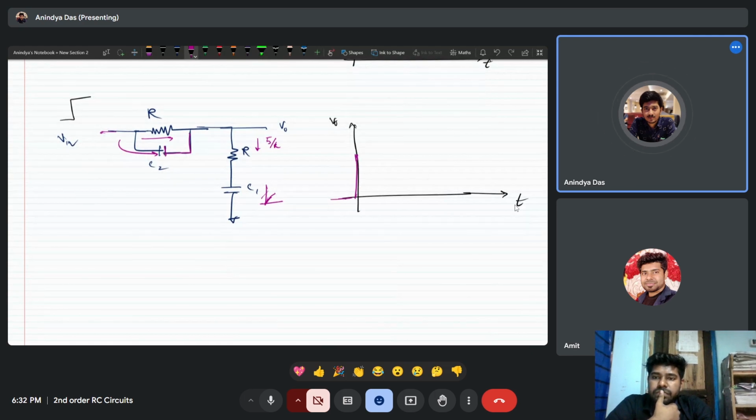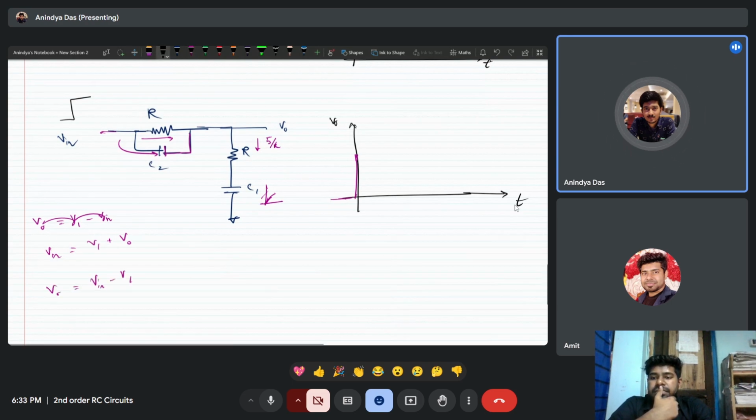We know that the KVL equation has to be satisfied at every time. So V in equal to V1 plus V0, so V0 equal to V in minus V1.